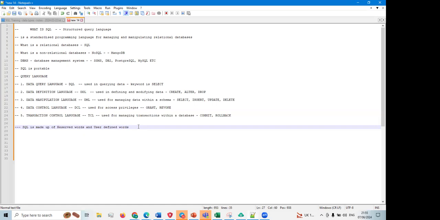Now, what do we mean by reserved words? All these, select, create, alter, drop, they are keywords, they are reserved words. There are other reserved words that go with these keywords, right? And we would see the structure of data manipulation commands.